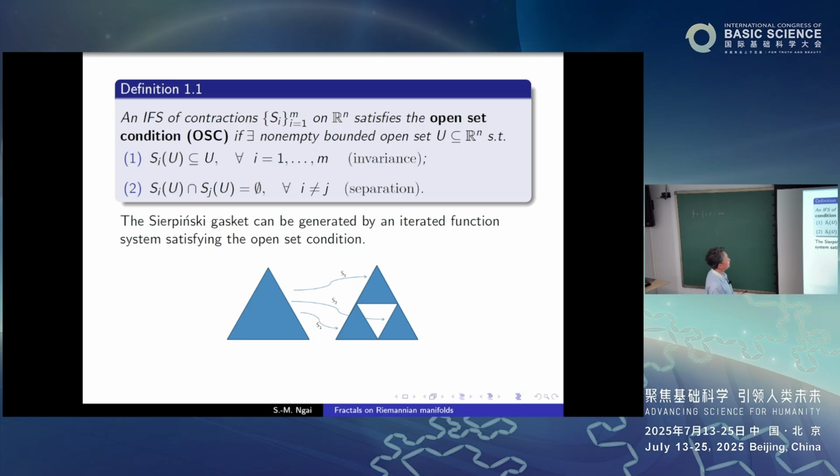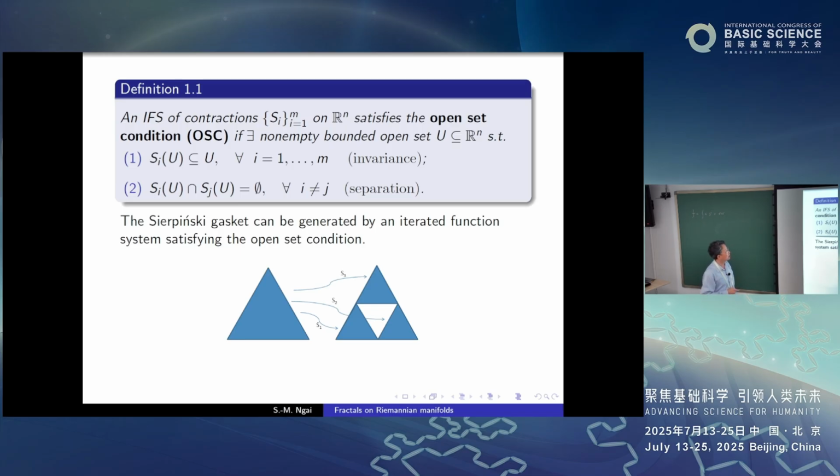So given an iterated function system, which as I said is just a finite family of contractions, if there exists a non-empty bounded open set U such that U is invariant under the maps Si, and here's a separation condition: the images of U under Si and Sj are disjoint for i not equal to j, then we say that the open set condition is satisfied.